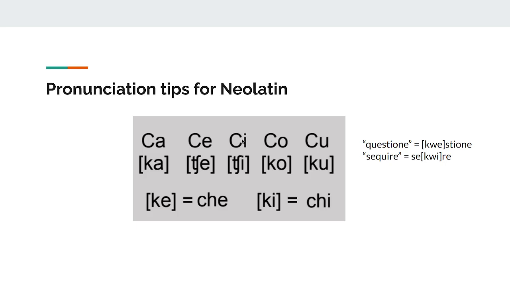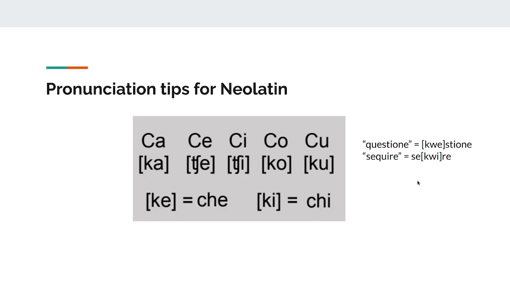And when you listen to the sound, the pronunciation is similar to that of the English ch, cha. And then down here, we have che and chi, and these sequences are pronounced as ke and ki, respectively. Again, it looks similar to how these sounds would be spelled in Italian.